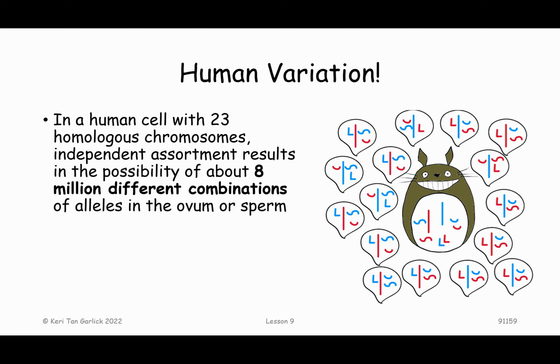So if I do 2 to the power of 23, because each one acts independently, I can get a possibility of 8 million different combinations when it comes to creating the egg and the sperm, which is really cool to think about. This is the first layer of variation that we're getting.